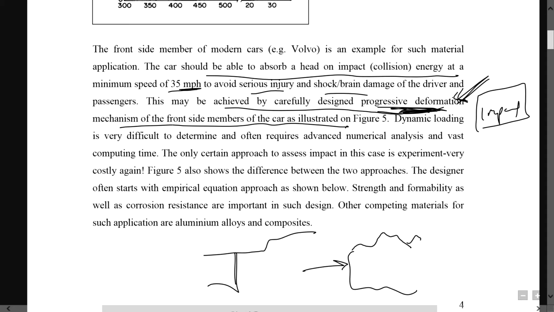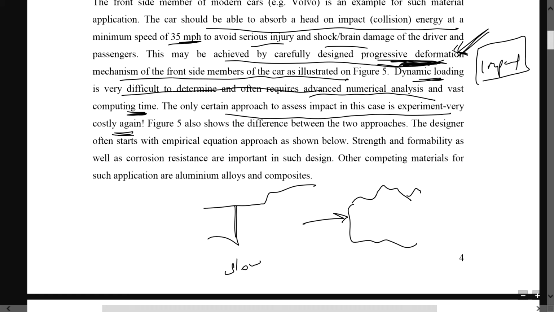Dynamic loading is very difficult to determine, and often requires advanced analysis methods and a lot of computing time. So the only certain approach is to assess impact by experiment, which is very costly again. Normally when you see some car commercials, they crash the car.